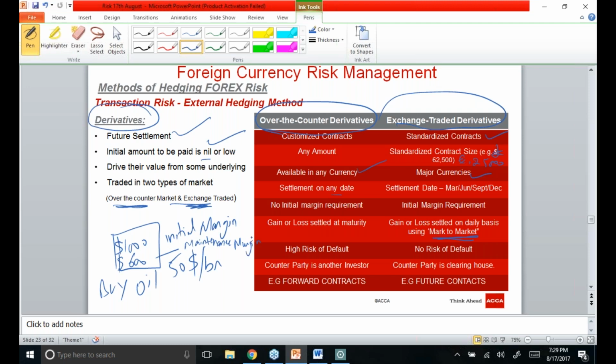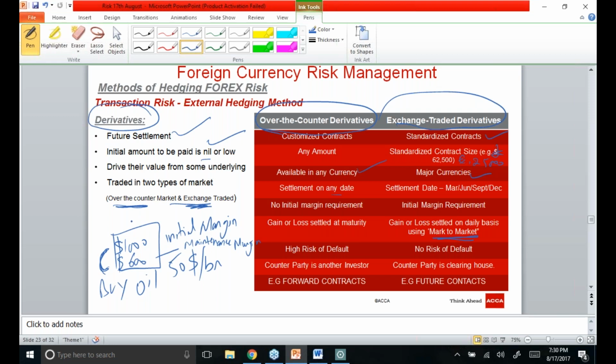If your amount go down from the maintenance margin, you will get a call that is called margin call, and broker will request you to put another amount and refill this margin box to the $1,000. The difference between these two is a variation margin.